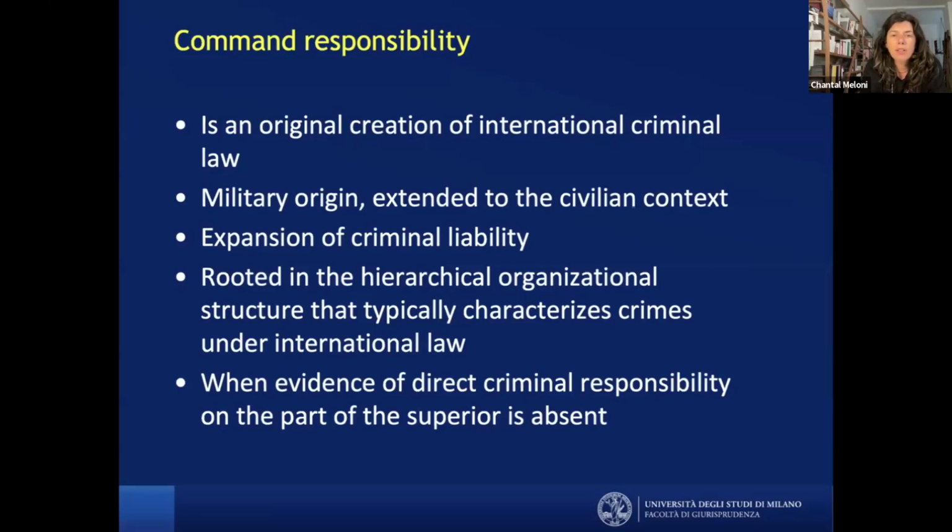And it is a useful mode of liability that has not been used so much until now by the ICC, but as I mentioned, we have seen it now in the warrant of arrest for Netanyahu, and we have also seen it used in the warrant of arrest for Putin, the highest leader of the Russian Federation, for the crimes committed by the soldiers, by the subordinates, even when there is no evidence of any contribution in terms of action by these leaders to the commission of the crimes on the part of their subordinates.